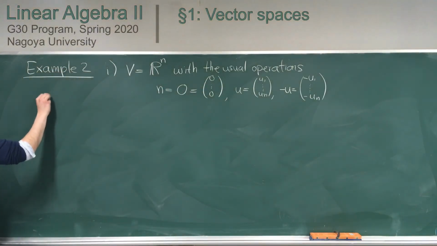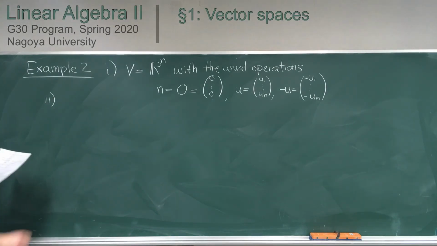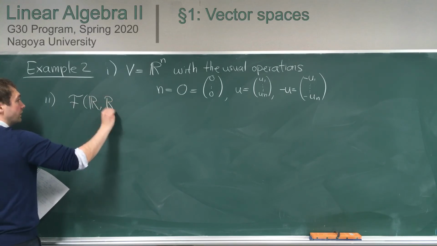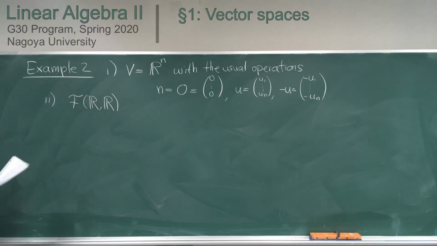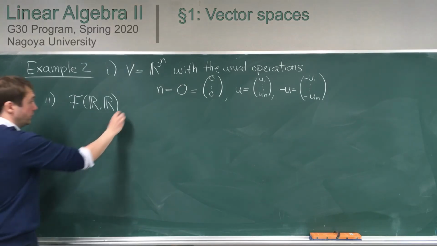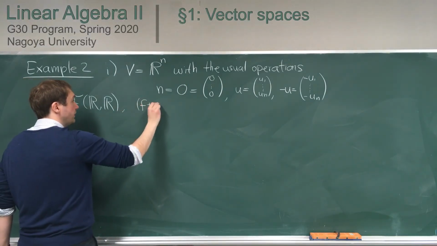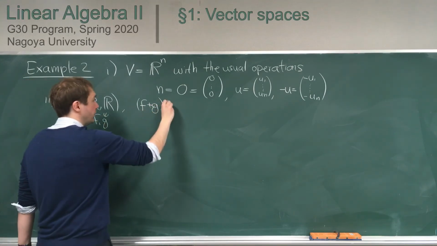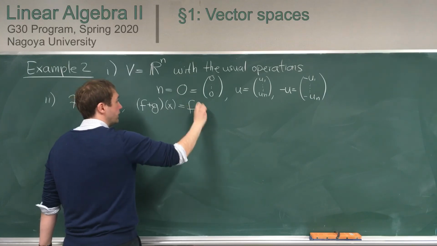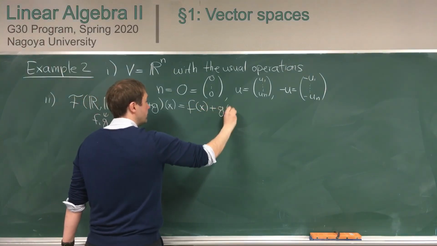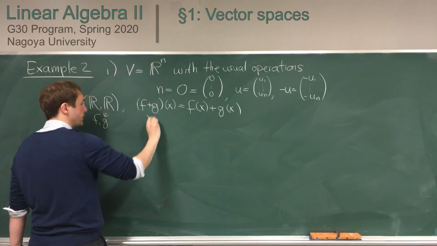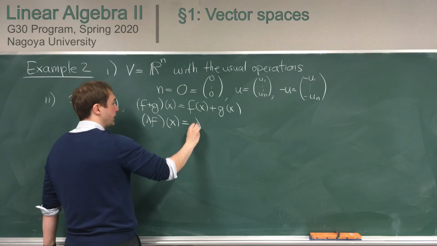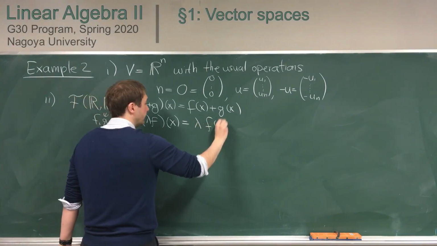And then the second example, which we discussed in example 1, is the set of all functions from R to R. And there we also said what f plus g means. If f and g are in this set, then this is a function which is just f of x plus g of x, and the scalar multiplication of a function f evaluated at x is just lambda times f of x.